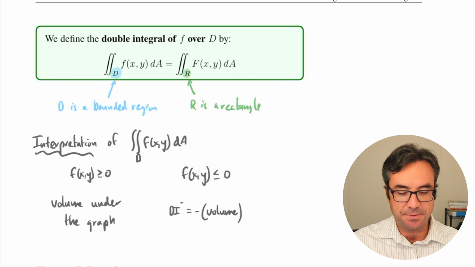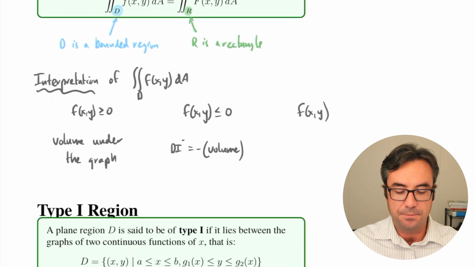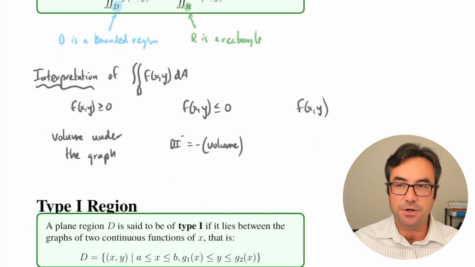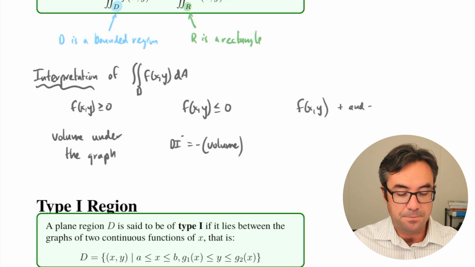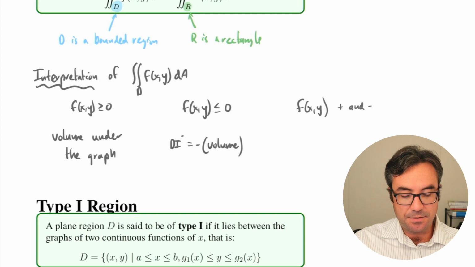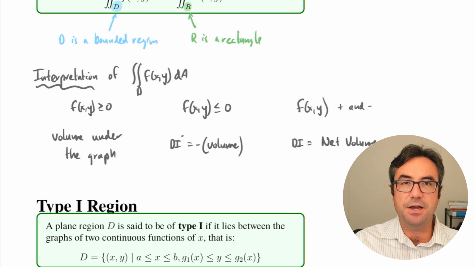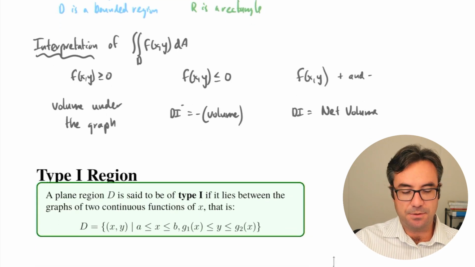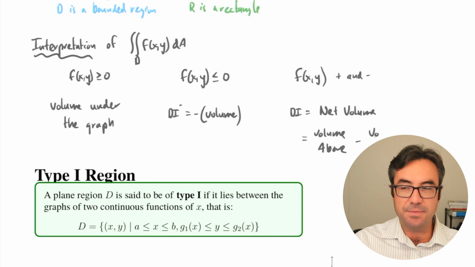And the last possibility is that we have a general function f(x,y) that is both above and below, taking on both positive and negative values. Well, in that case, the double integral is measuring the net volume. It's the volume that sits above the xy plane minus the volume that sits below.